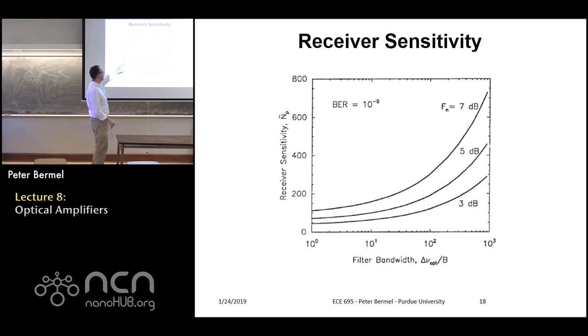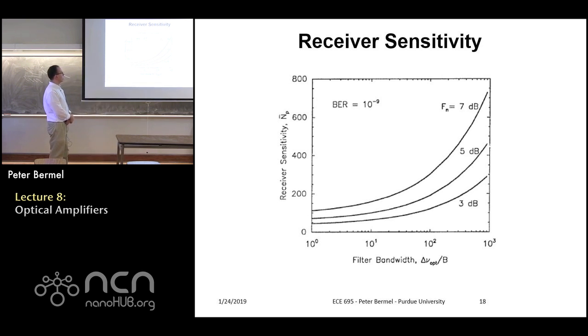So then this is just looking at how important the receiver sensitivity is in order to achieve this very low bit error rate as a function of the bandwidth of some filter, okay?